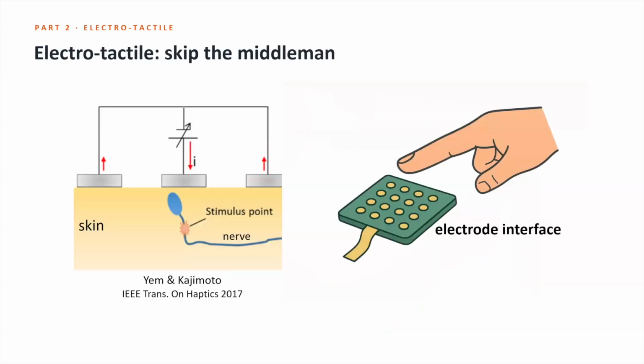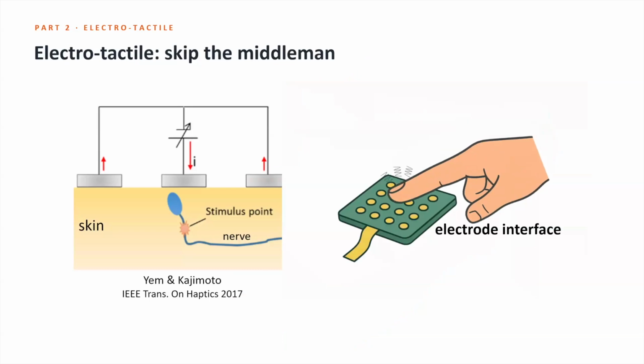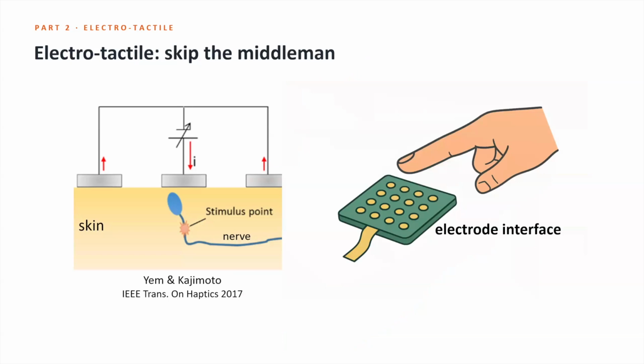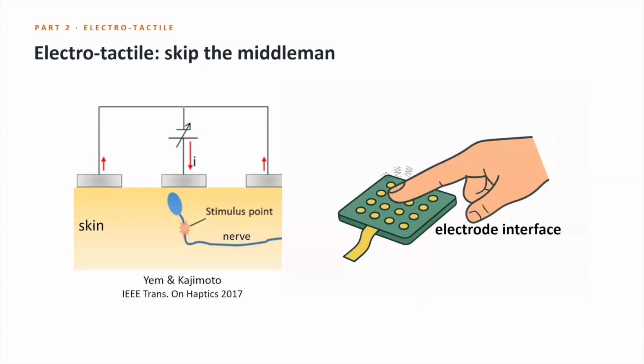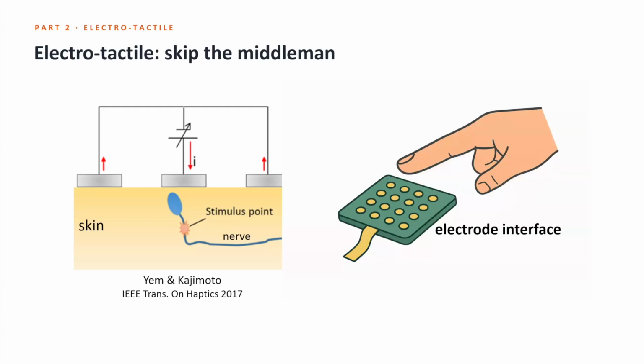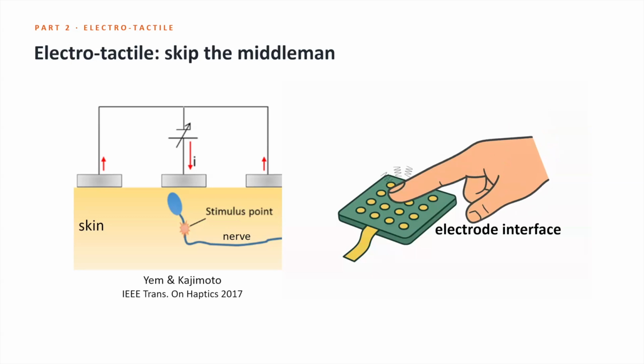And this is exactly what a technology called electro-tactile does. Instead of having a physical disturbance externally, we use no mechanical actuator, but a set of electrodes that can give an electrical pulse externally from the skin, so that these electrical pulses excite these nerve fibers.